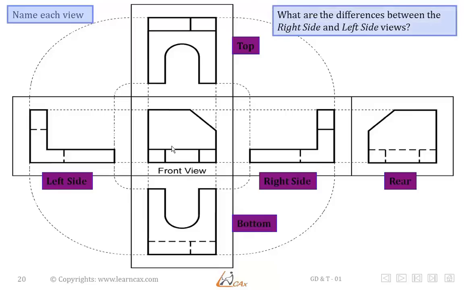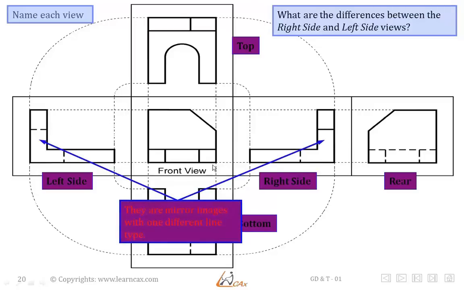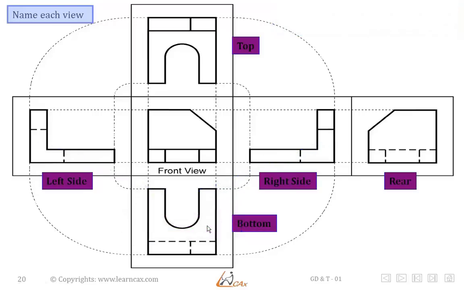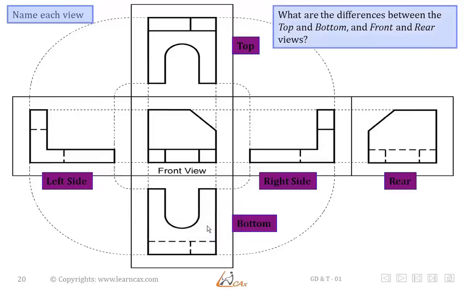So now there's a question coming up. What are the differences between the right side and the left side view? If you can notice clearly, this line is dark here and there we have a dotted line. One good observation is that they are mirror images with one different line type. Similarly, what's the difference between the top and bottom view and the front and rear view?